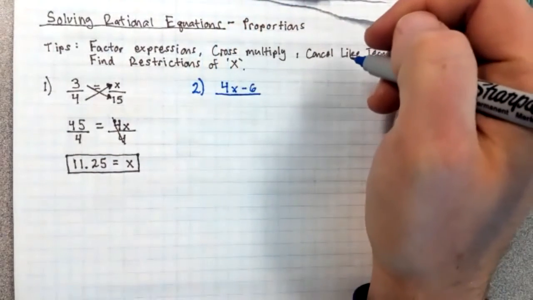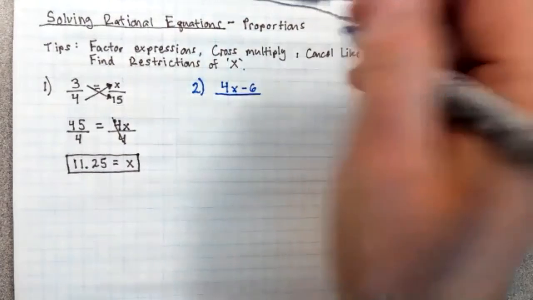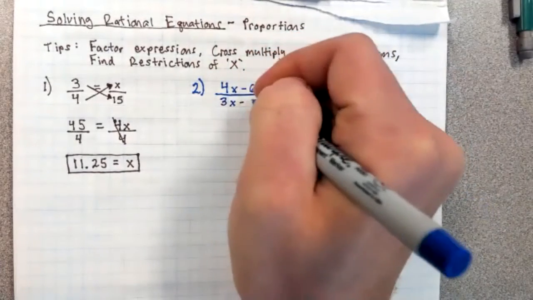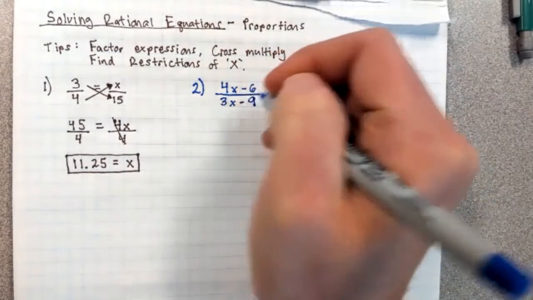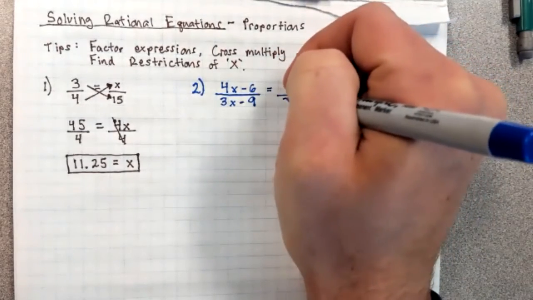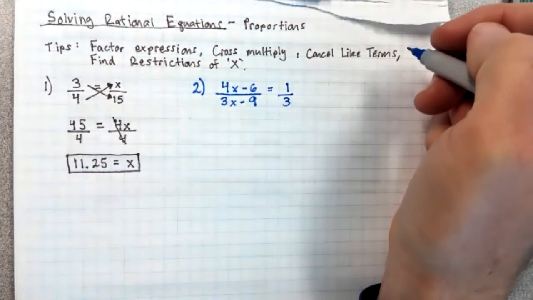Okay, so we'll go with 4x minus 6 divided by 3x minus 9 equals 1/3.